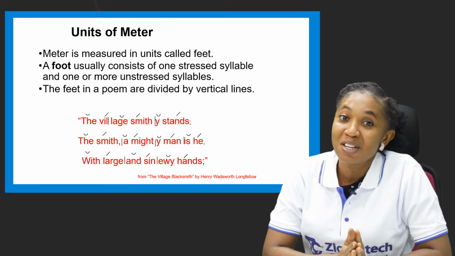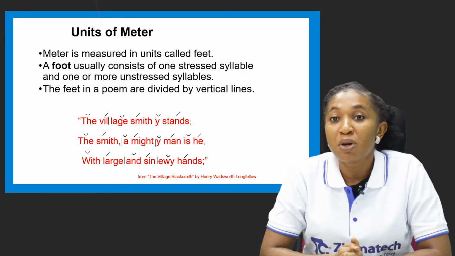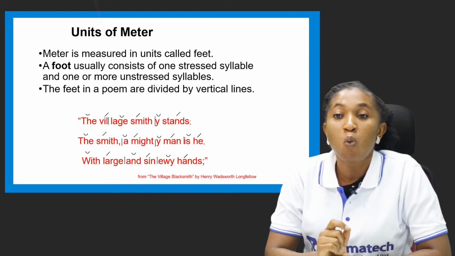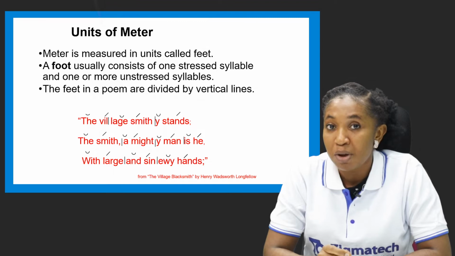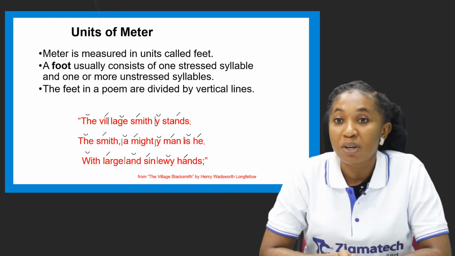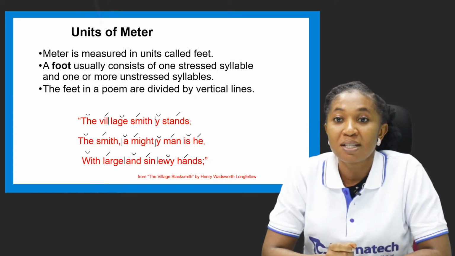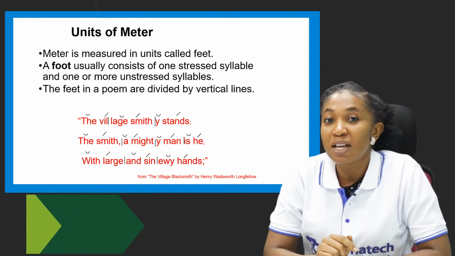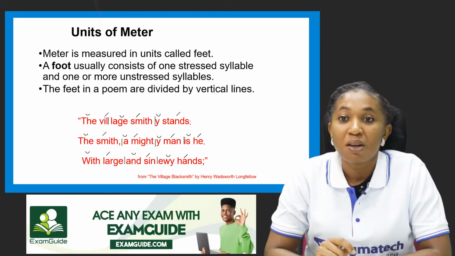Please, when we talk about feet here, we're not looking at the parts of your body. A foot in poetry usually consists of one stressed syllable and one or more unstressed syllables. The feet in a poem are divided by vertical lines. So take note of the vertical lines you can see on your screen. The vertical lines are in black.